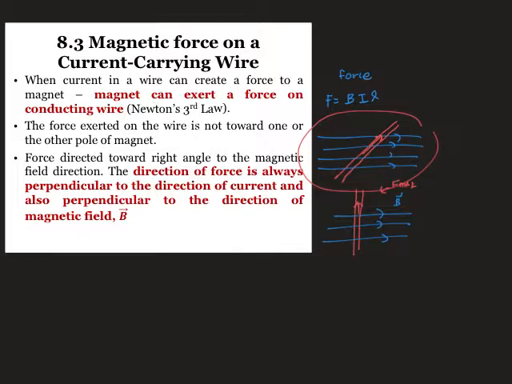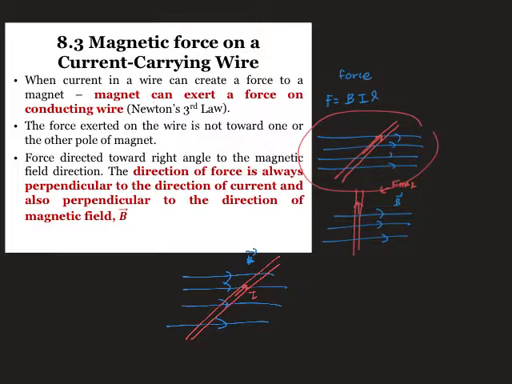For example, if I want to resolve the current carrying wire to get the maximum value, basically this is the magnetic field, and there's a current carrying wire in this direction. This is the current flow. The thing you need to understand here is that if the wire has a current flow, then definitely the wire is going to feel some magnetic force.